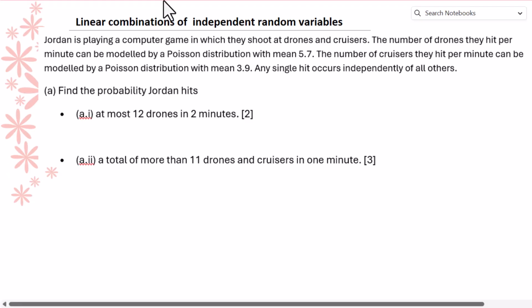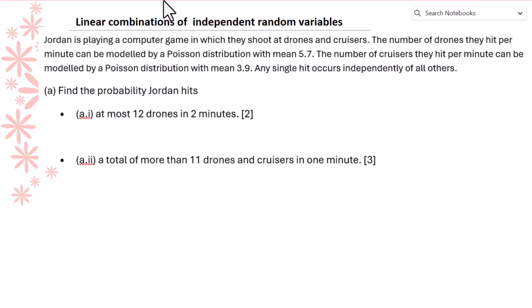Jordan is playing a computer game in which they shoot at drones and cruisers. The number of drones they hit per minute can be modeled by a Poisson distribution with the mean 5.7. Remember, define a random variable.